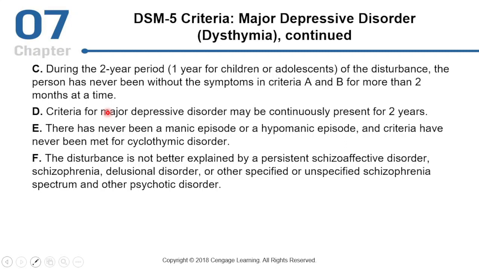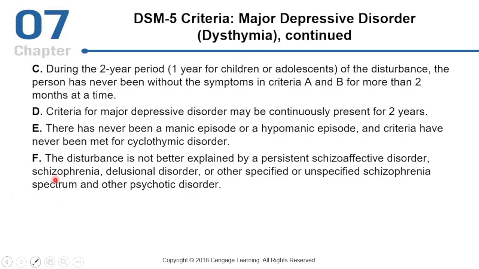And then the criteria for major depressive disorder may be continuously present for the 2 years, and there had never been a manic episode or a hypomanic episode, and the criteria have never been met for a cyclothymic disorder. Now, the cyclothymic disorder, ito naman yung persistent na mania or hypomania. So, parang kabaligtaran naman siya ng dysthymia. Okay.